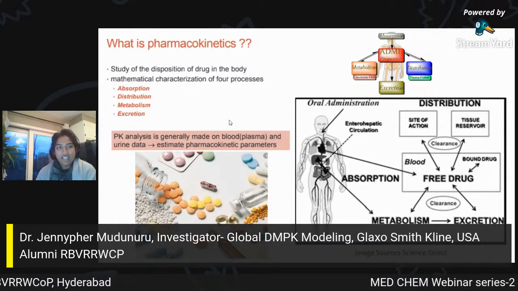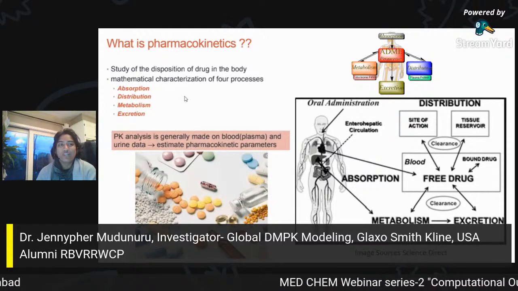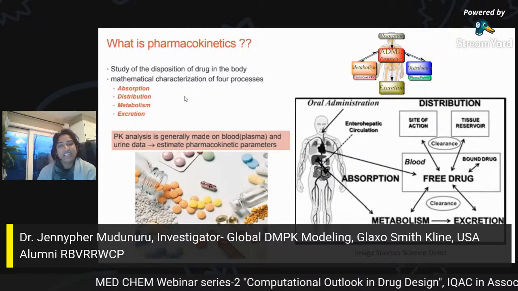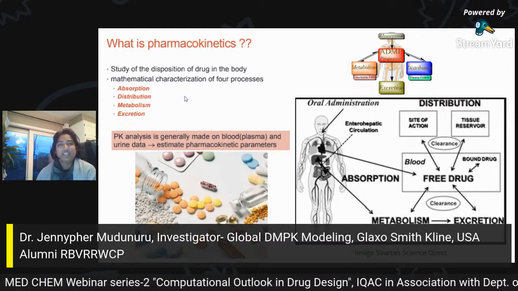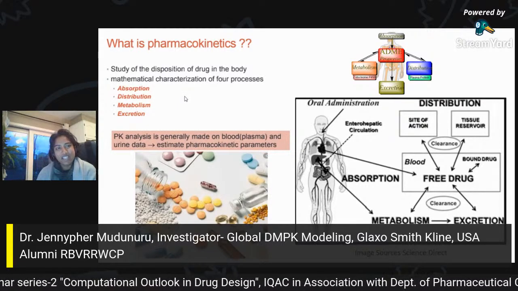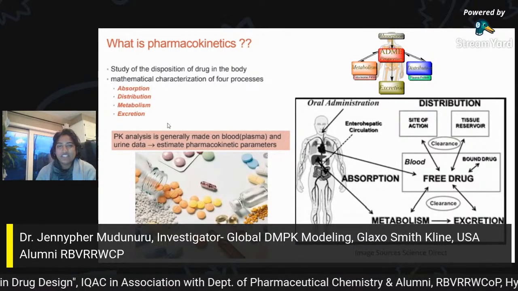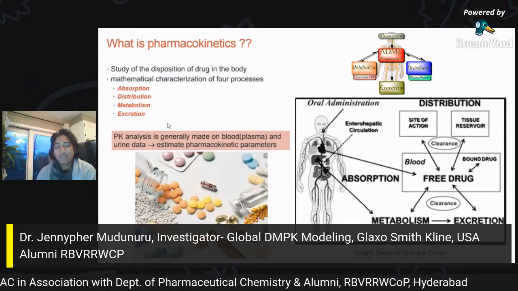So pharmacokinetics, I just wanted to touch what it meant. It's the disposition of the drug in the body. So basically, what the body does to a drug when you take it is pharmacokinetics. It's divided into four parts, which is absorption, distribution, metabolism, and excretion.